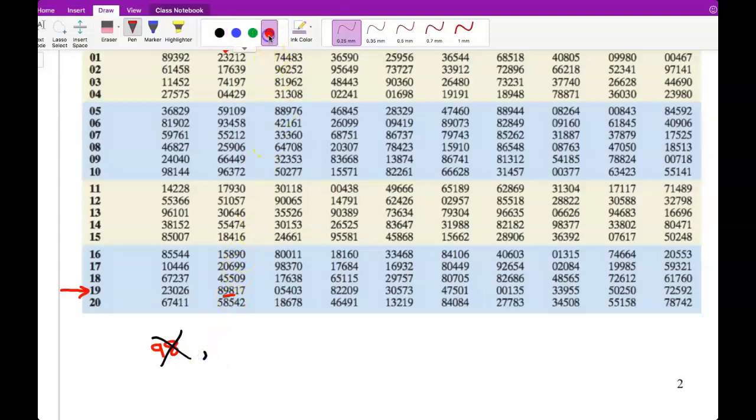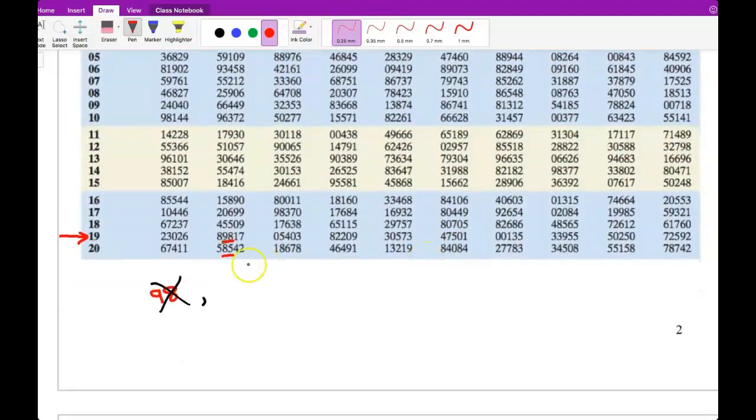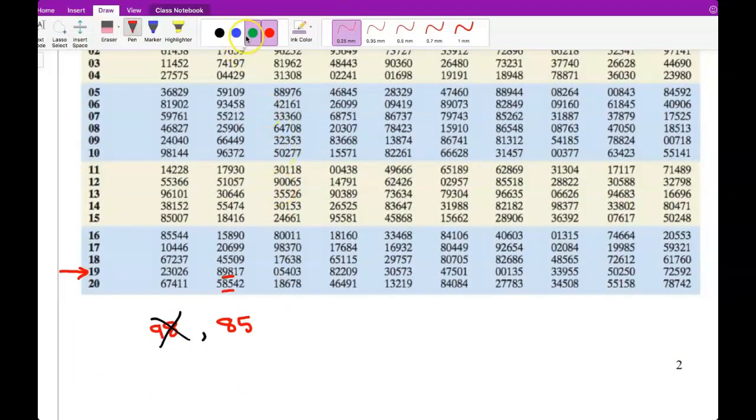Okay, next one. We're moving downward because it's asking us to. The next one is 85, and this is less than 87, so we can accept this.